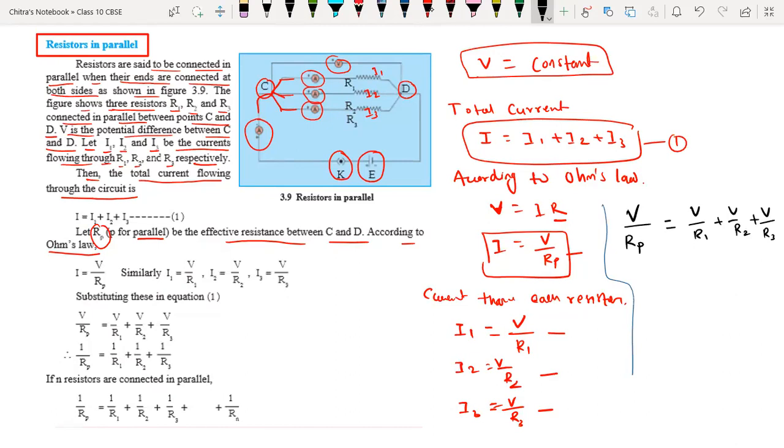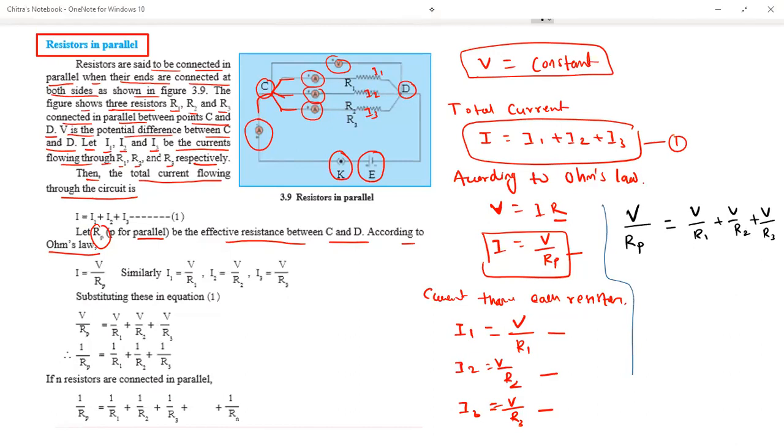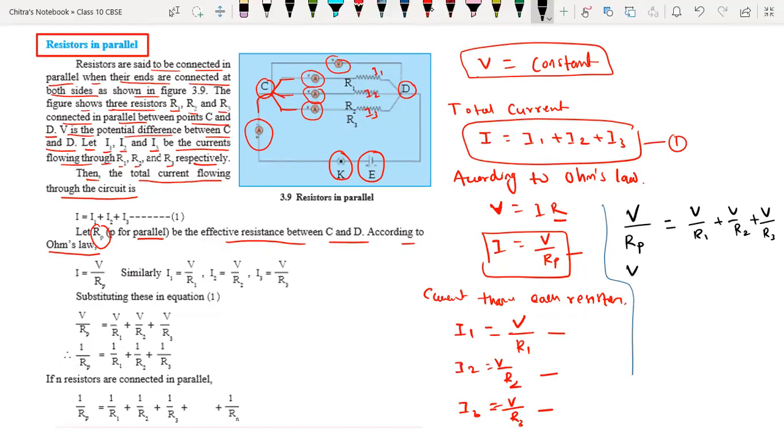Again here we have V common in all the three. So I'm taking V as common. So it will be V divided by RP equals V, taking common, 1 divided by R1 plus 1 divided by R2 plus 1 divided by R3. So that V and that V will get cancelled. So now we have 1 divided by RP equals 1 divided by R1 plus 1 divided by R2 plus 1 divided by R3.